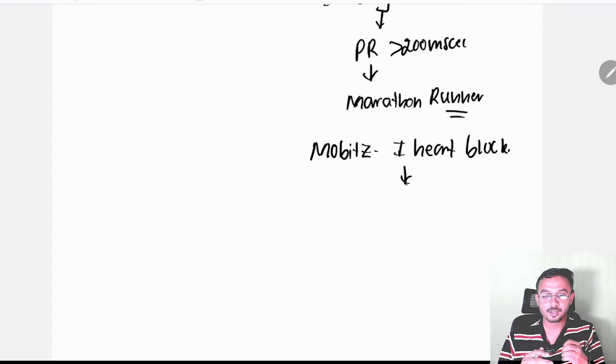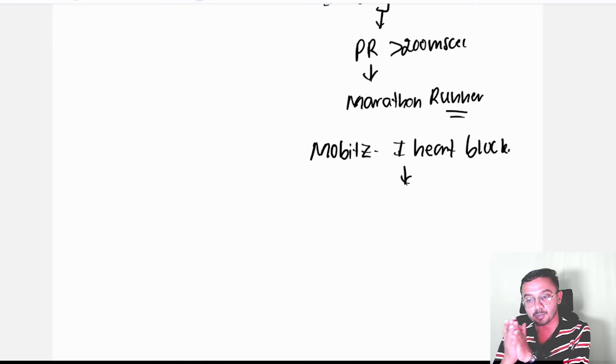If the person is taking beta blockers for hypertension and uses unequal doses, or there is a dosage problem, or he keeps on excessively using these beta blockers, that leads to Mobitz 1 heart block. If you look at the PR interval of this patient, it gets prolonged in Mobitz 1 heart block.